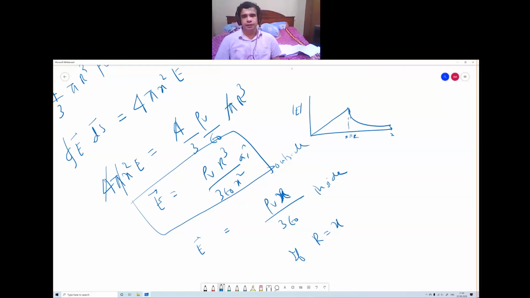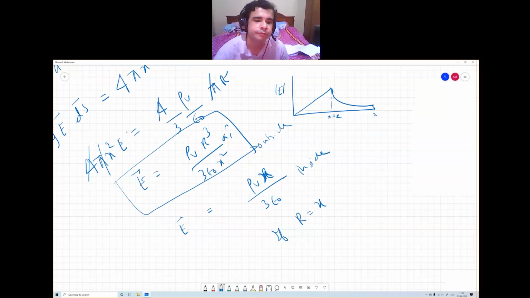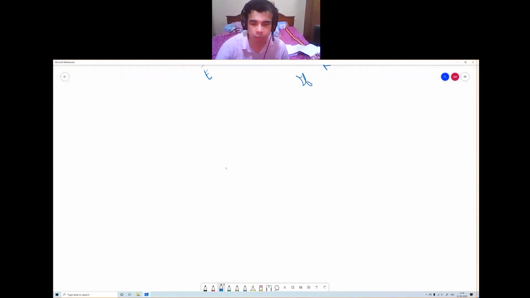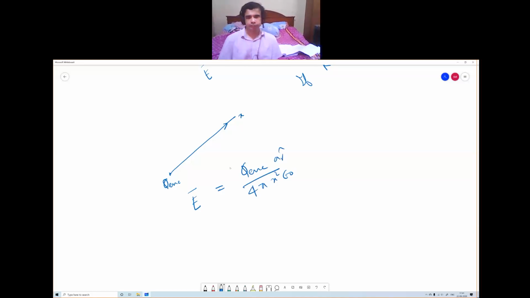Right. And the second thing we consider: if we had a point charge whose value was q enclosed, then what would have been the field here at distance x? E would have been q enclosed by 4 pi x square epsilon naught, from Coulomb's law.